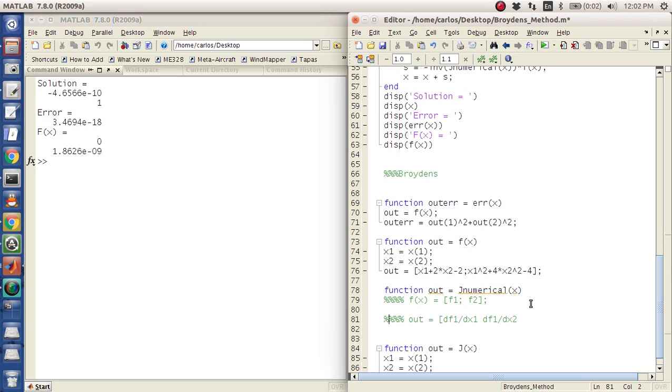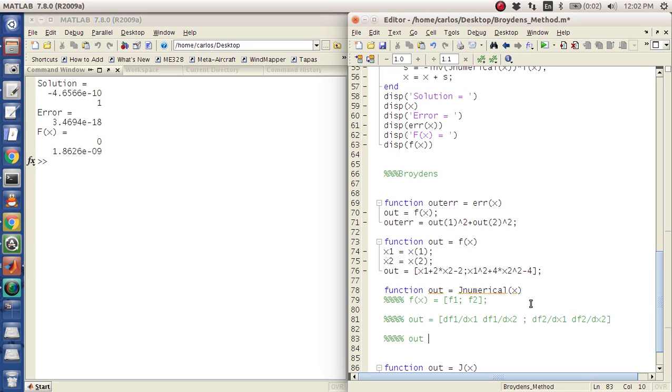So out is df1 dx1 and then df1 dx2 and then semicolon df2 dx1, df2 dx2.